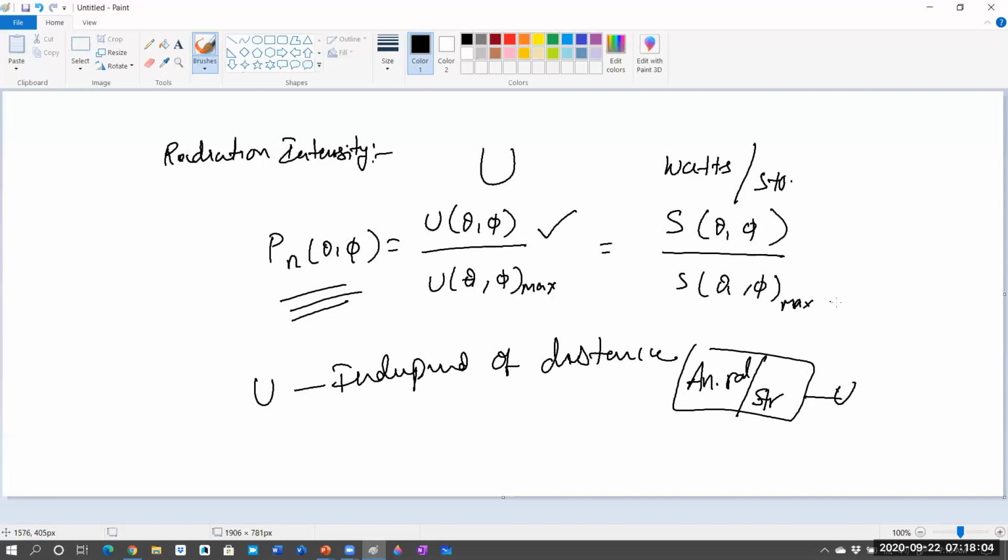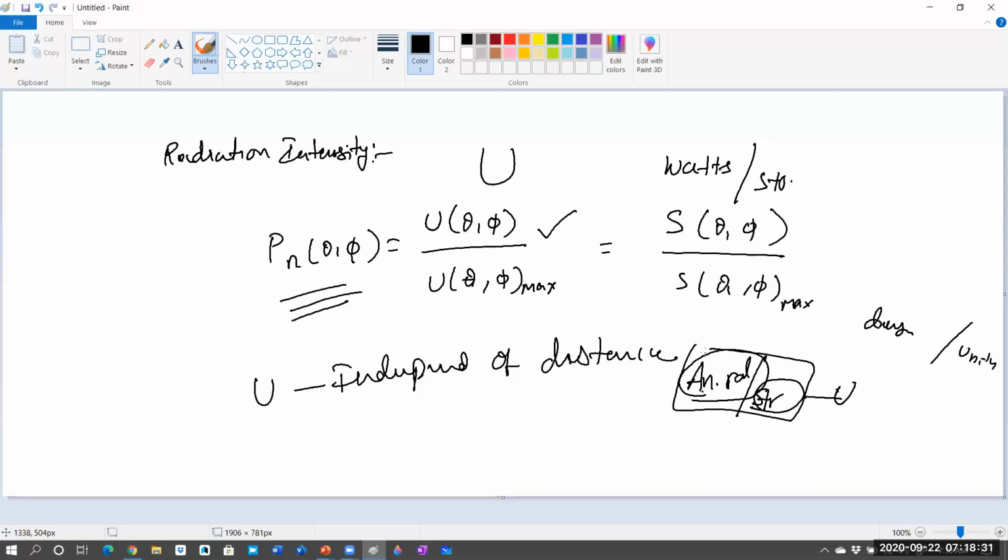Normally there is a definition for density per unit area; likewise, here the intensity, radiation intensity, is per steradian. So antenna radiation per steradian is nothing but radiation intensity. This is about radiation intensity.